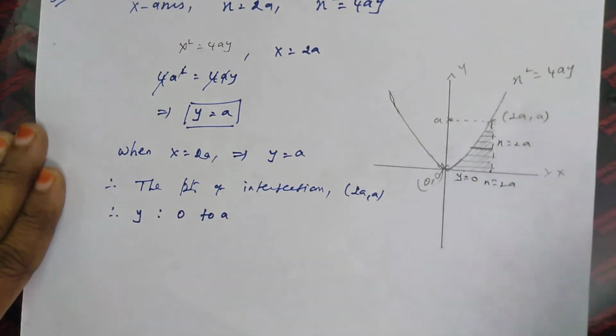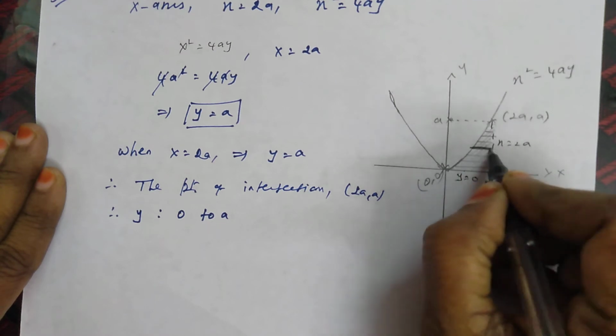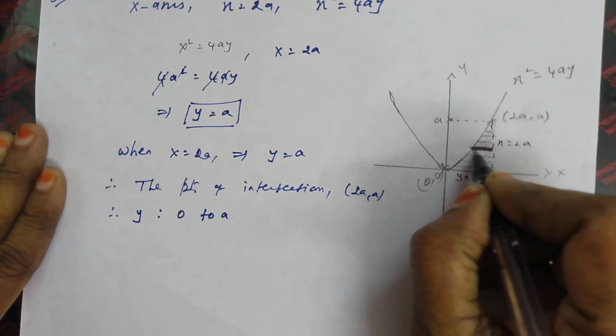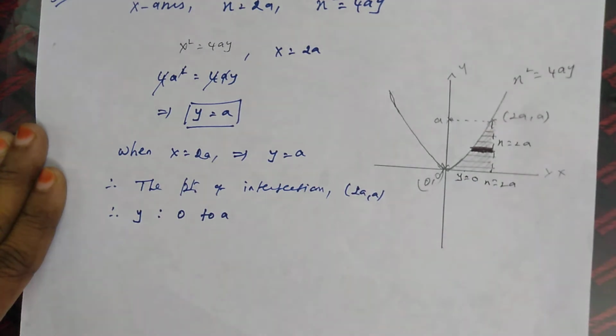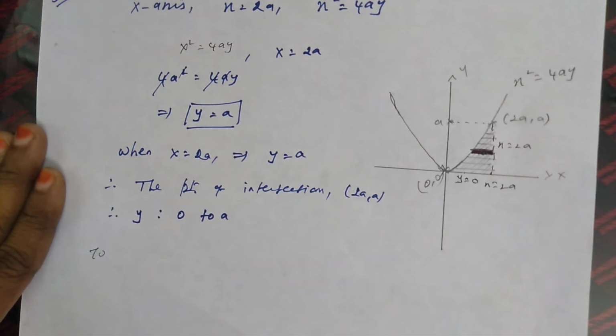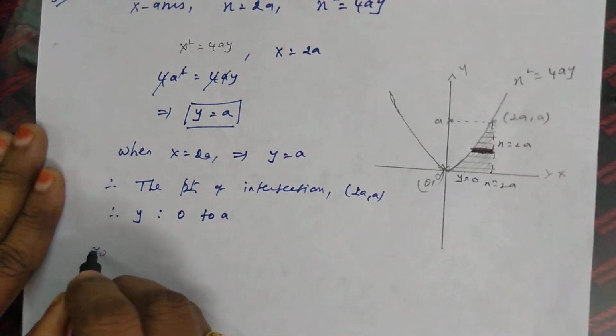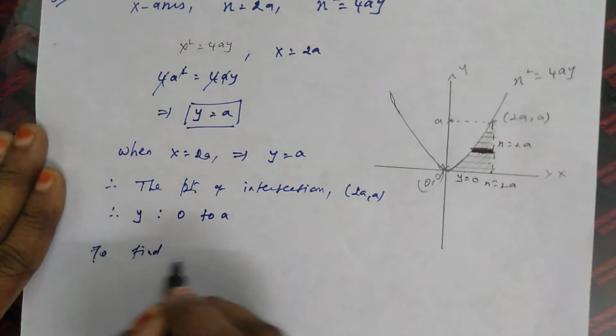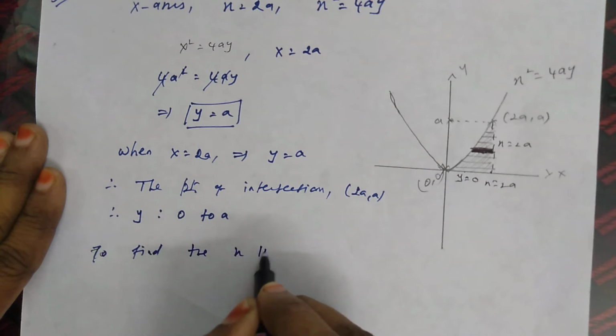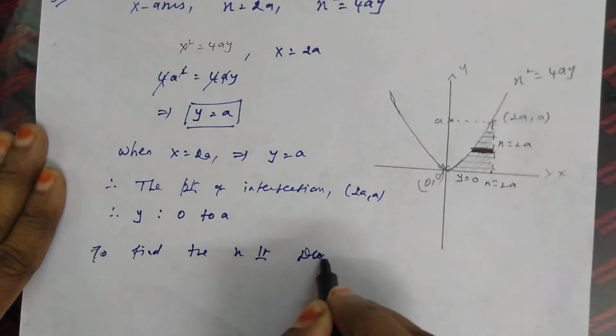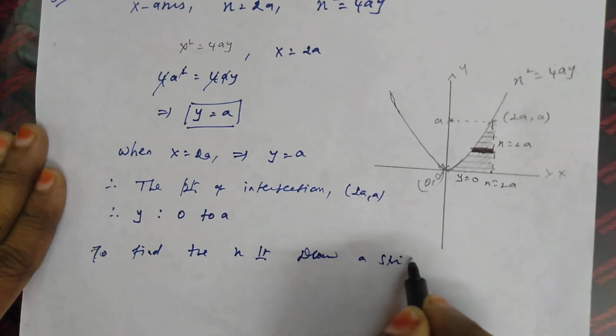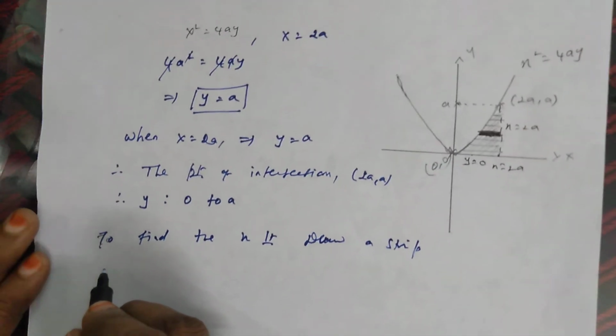So if I take a horizontal strip in the region of integration, the shaded region, a strip like this, to find the limit of x.